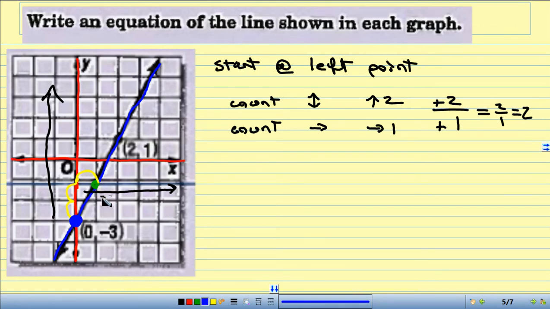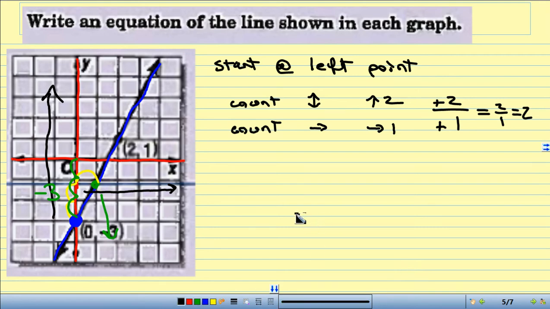Now we just take the y component, or what you can do is you can just count from the origin. 1, 2, 3. It's 3 hops down. So in this case, that's negative 3 because it's moving down in the negative y direction.